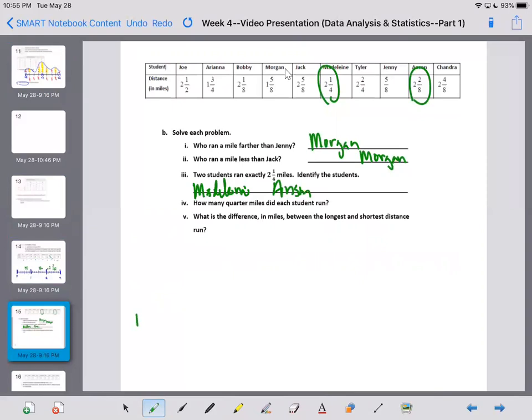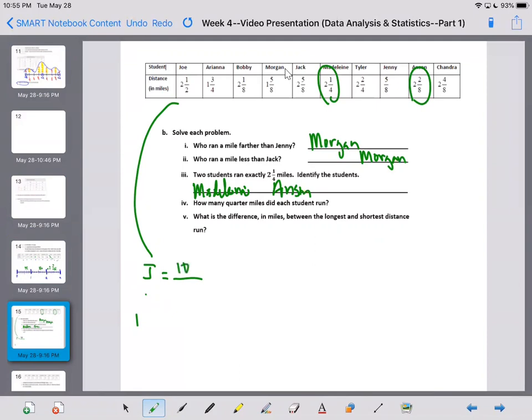And then we could say, well, how many quarter miles did each student run? Well, then you're starting to look at, for instance, Joe. Okay. Well, Joe ran 2 full miles, so that would be 8 quarter miles plus a half, which is 2 more quarter miles, so that would be 10 quarter miles.